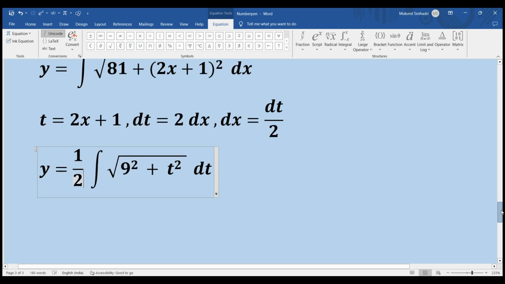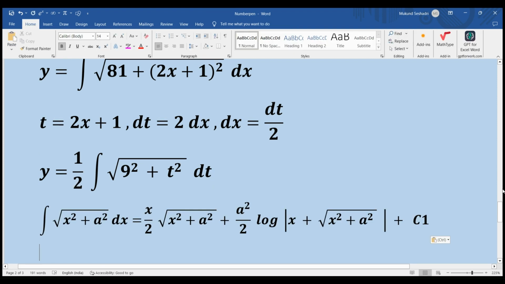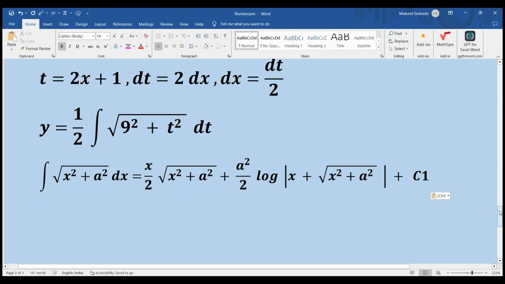So all that I'm going to do is put down the identity for the integral of square root of a square plus x square times dx and make the necessary substitutions to arrive at the final answer. So there we have the integral of square root of x square plus a square times dx, right? What we have above is the integral of square root of 9 square plus t square times dt.